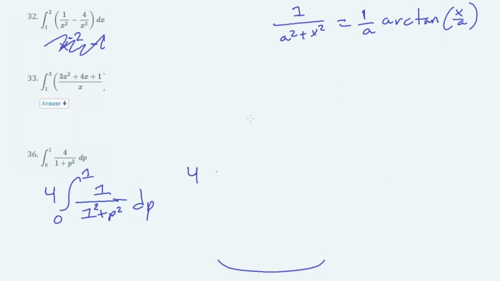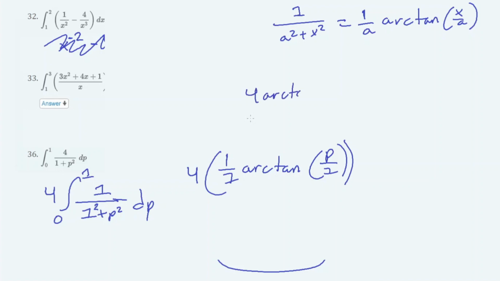So if we do that, we're going to have 4 times 1 over a. A in this case is going to be 1 for us, which is going to be 1 over 1 arctan x, which is going to be p over 1, which is just p actually. So we're going to have our integral as 4 arctan p.